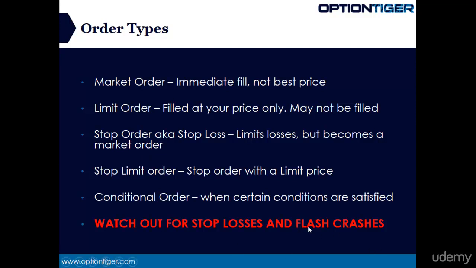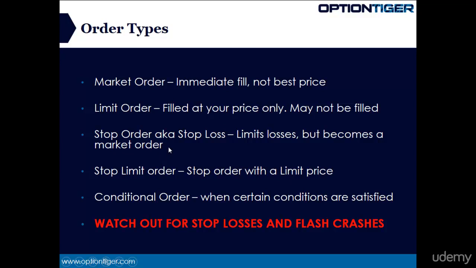However, there is something called a flash crash, and it happened in 2010. That was the biggest flash crash we have seen. A flash crash is when suddenly the market just starts dropping for no reason or for some reason and crashes very rapidly in a matter of minutes. And in that case, your stop loss order might get triggered, but the order then becomes a market order.